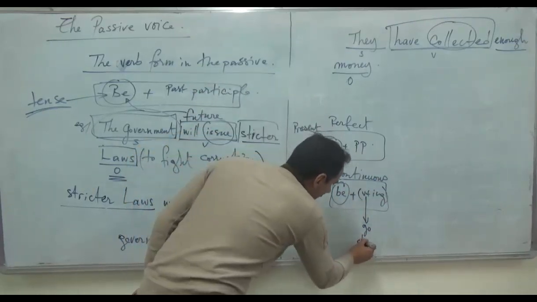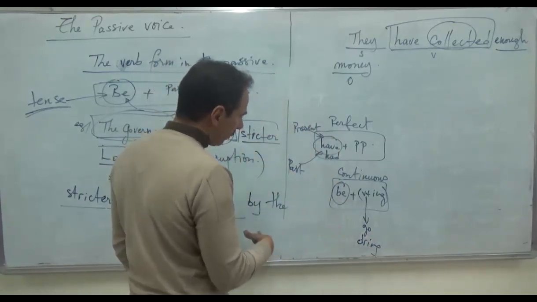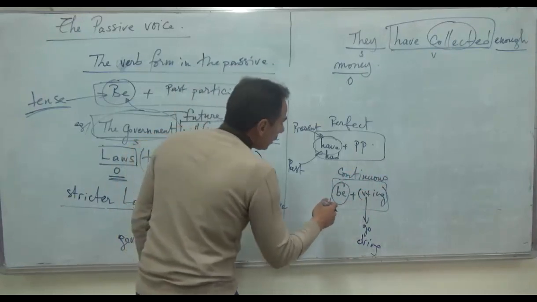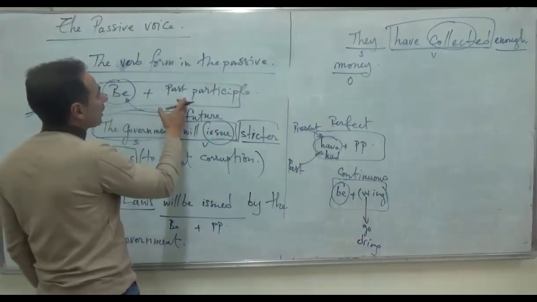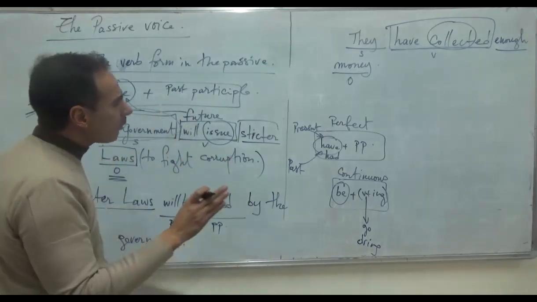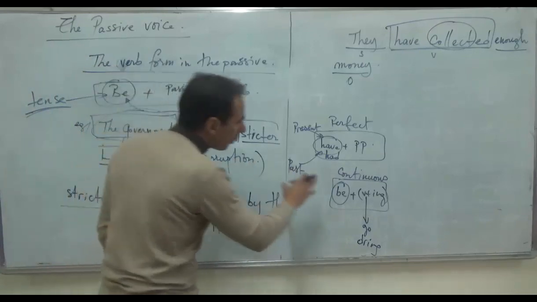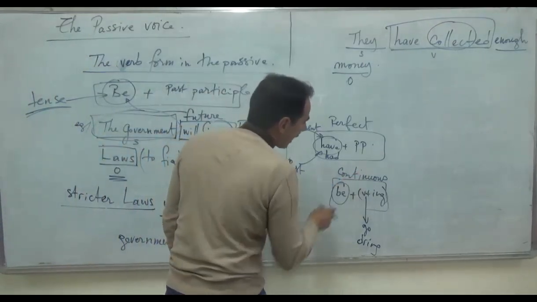Verb to drink: I am, he is, she is drinking, etc. And here we have the past participle. So be plus past participle is always the form of the verb in the passive voice. It has nothing to do with the other forms of tenses.